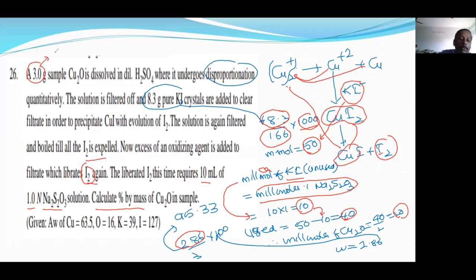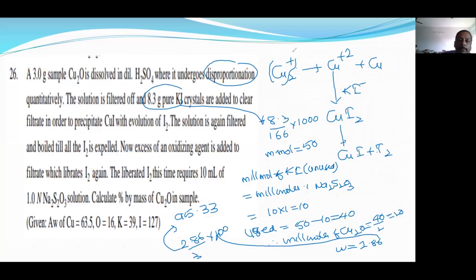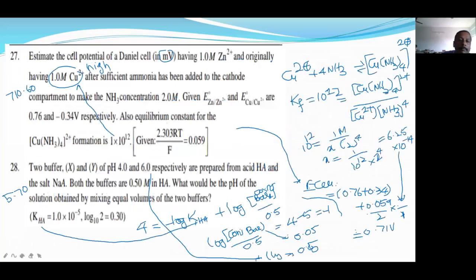Out of 3 grams, only 2.86 was the original Cu2O, and the rest is just mixed in. So 2.86 divided by 3 into 100, I am getting 95.33. You may get something else, so reply with the correct answer if it is other than this. Next.